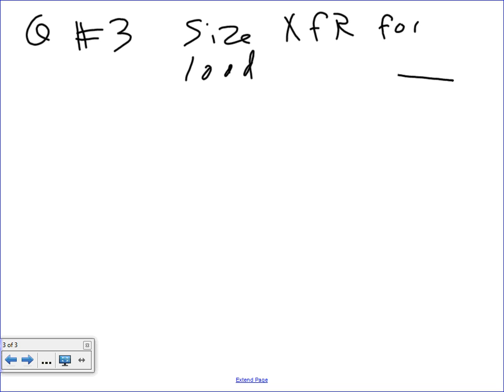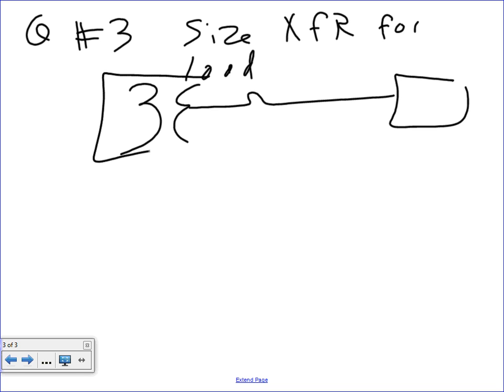So you have a load, and I want you to size a transformer that feeds this load. Transformer that can feed this load. But you need something about the load though. This load is running at 208 volt, and the amps going into this load is 200 amps, and that baby is single phase.